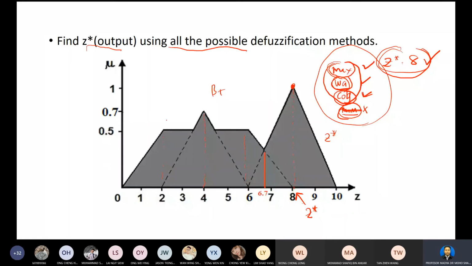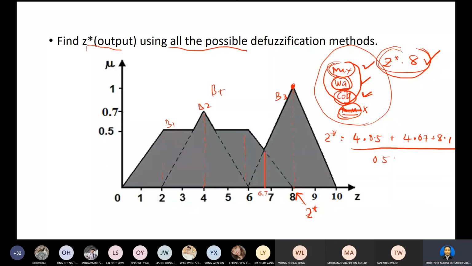For B1, the center will be 4, multiplied by 0.5, plus B2, the center is 4 multiplied by 0.7, plus the center is 8 multiplied by 1, divided by 0.5, 0.7 plus 1.